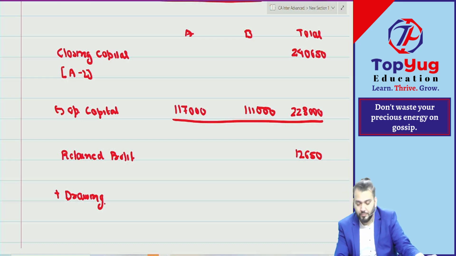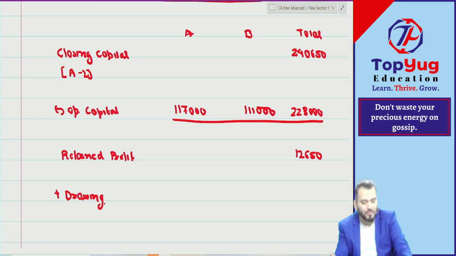Tell me, what mistake have we done? Now JRP was surrendered, so it becomes nil.